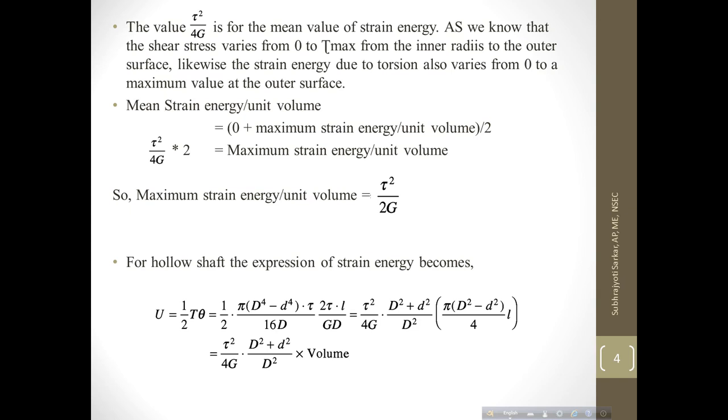Mean strain energy means 0 plus some maximum value per unit volume divided by 2. That is, the maximum value per unit volume divided by 2 is the mean strain energy, tau square by 4G. So tau square by 4G into 2 is the maximum strain energy per unit volume. So the maximum strain energy per unit volume is nothing but tau square by 2G.